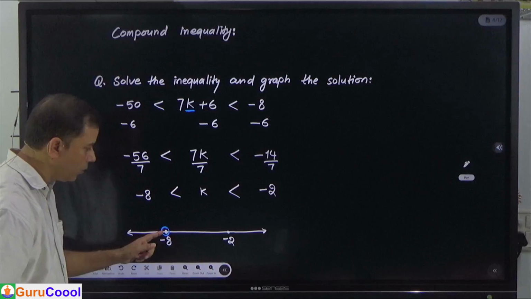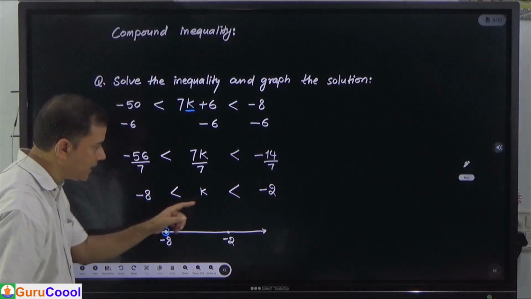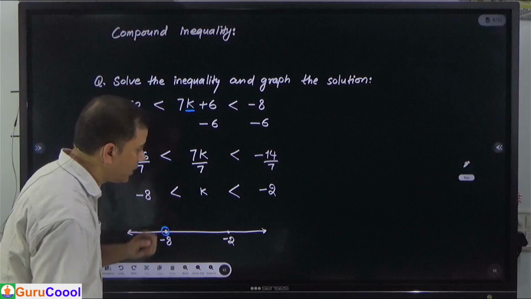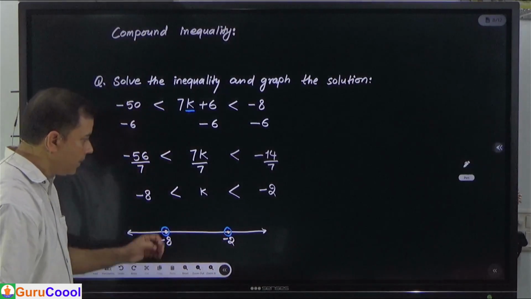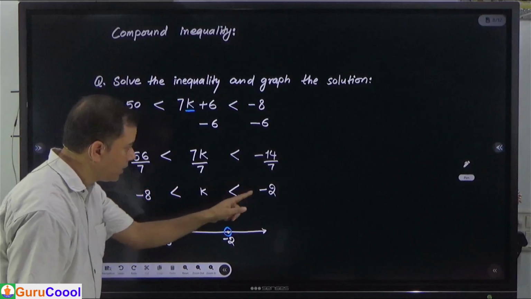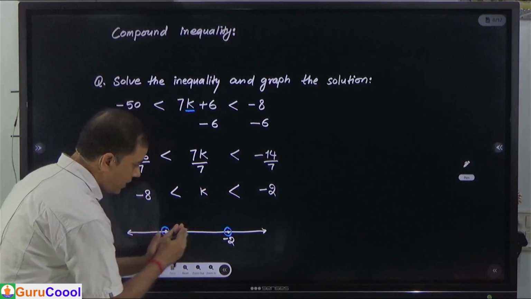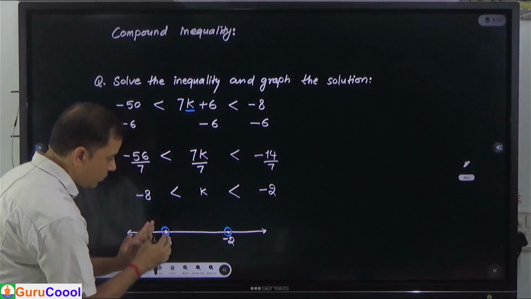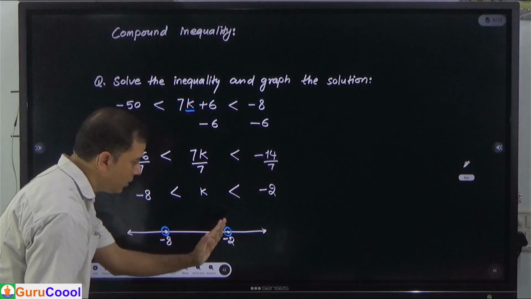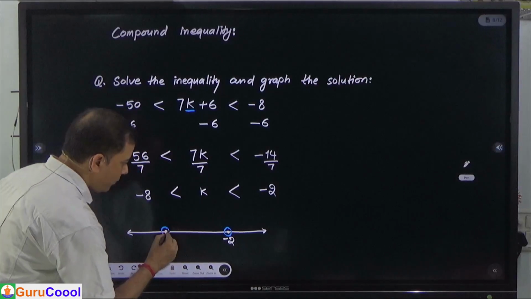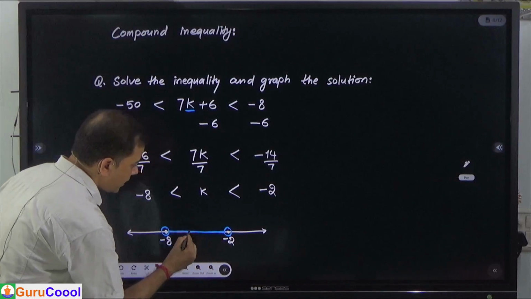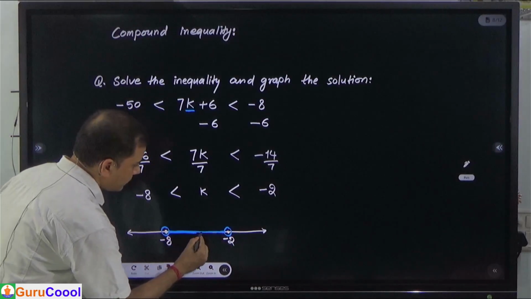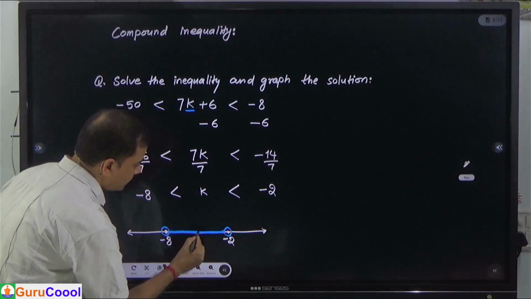So we will draw an open circle, not equal to minus 8, also not equal to minus 2, so open circles at these two places. Greater than minus 8, lesser than minus 2: on the right side of minus 8, on the left side of minus 2, we have to color the number line, just darken the number line, and you are done.